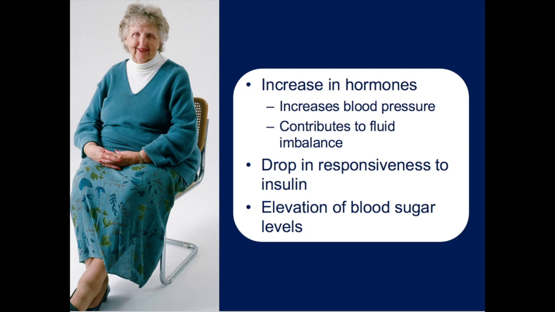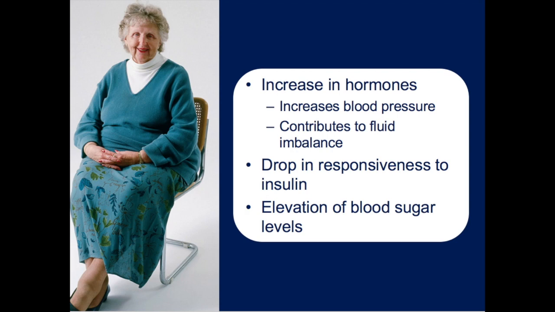And then for diabetes, aging produces some mild carbohydrate intolerance and can have a minimal increase in fasting blood glucose levels. Diabetes is a very complex process, but basically you have a drop in receptor cell responsiveness to insulin and can end up having elevated blood sugar levels.